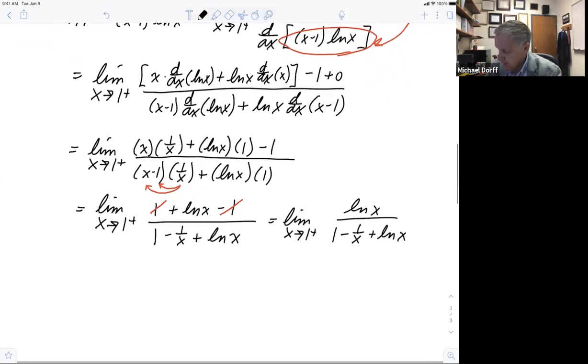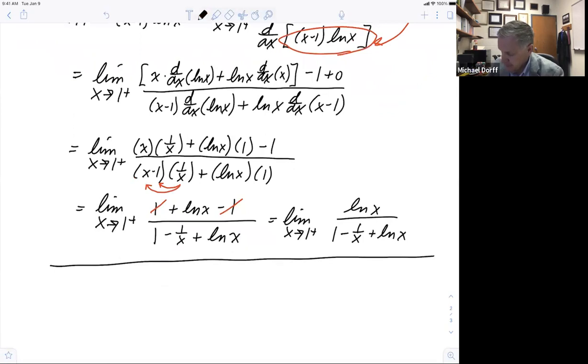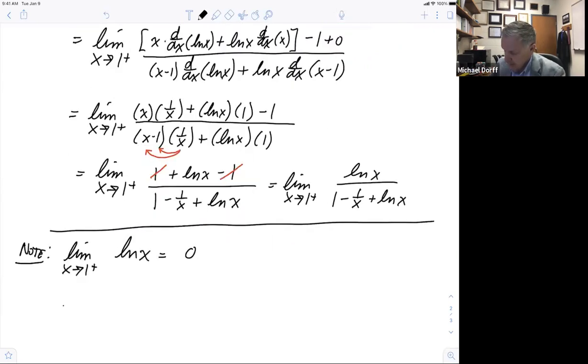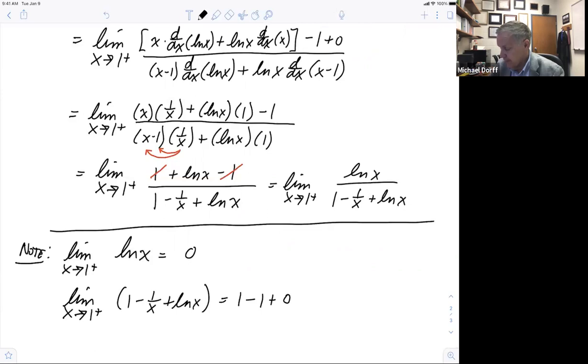All right, so now we do again the direct substitution. What's the limit as x goes to 1 from the right of the numerator, natural log of x? Well, the natural log of 1 is 0. And in the denominator, we have x going to 1 from the right of 1 minus 1 over x plus natural log of x. When I substitute 1 in there, I get 1 minus 1 plus natural log of 1, which is 0, so I get 0.